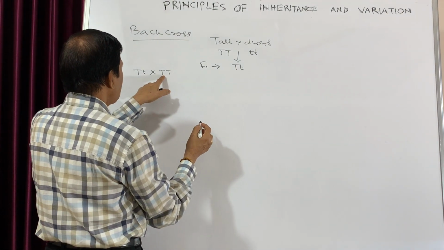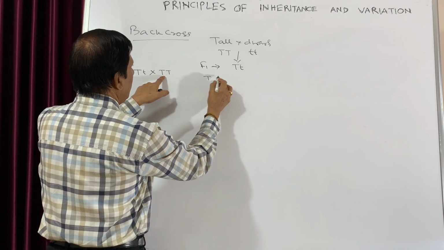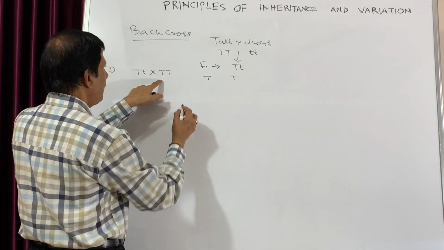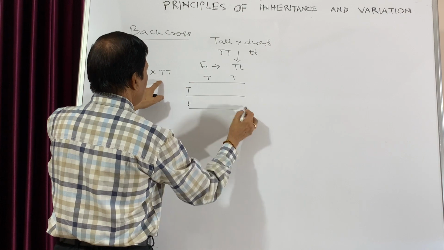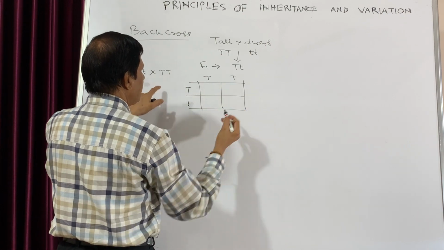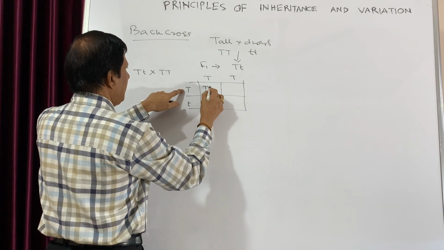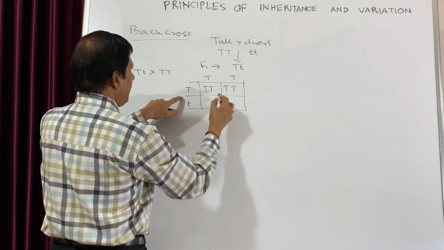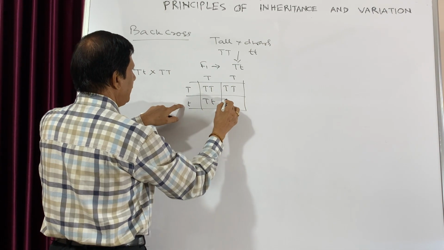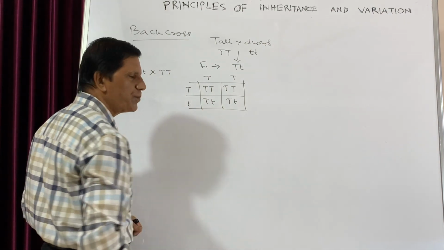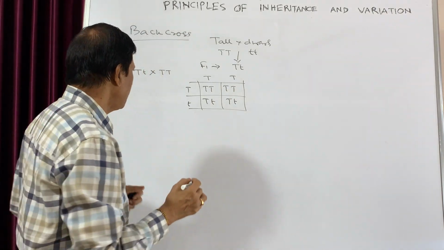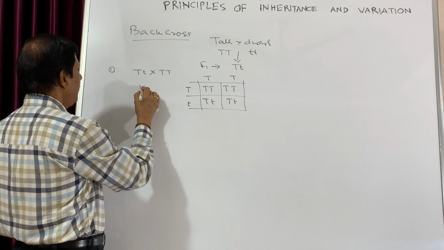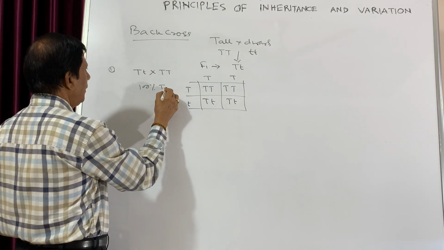This will give rise to gametes of one type, and here the gametes will be of two types. That means we will get plants like this: capital T, capital T, capital T, capital T. Here capital T, small t. Here capital T, small t. That means all plants will be tall. That means you can tell 100% tall.